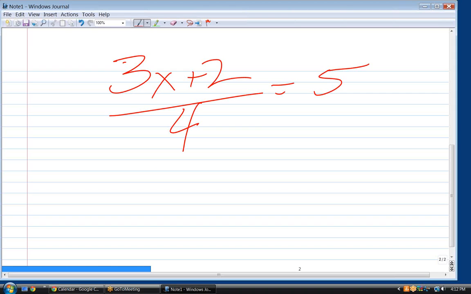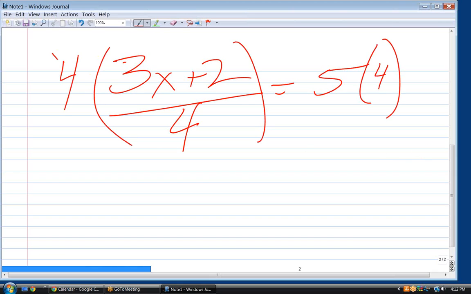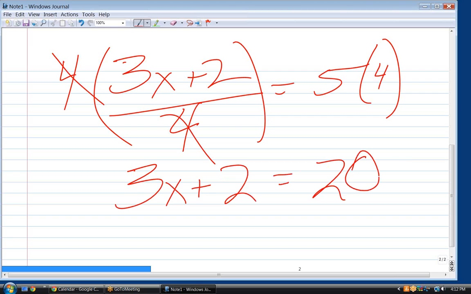Right now the 4 is the divisor, so we want to multiply both sides by 4. And that gets rid of that denominator. And that's key. Getting rid of denominators is really a good first step. What's the next step?